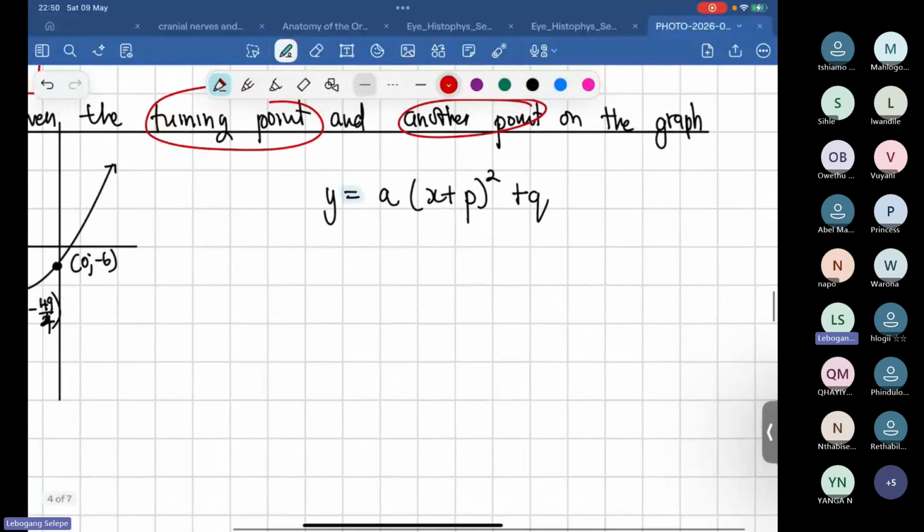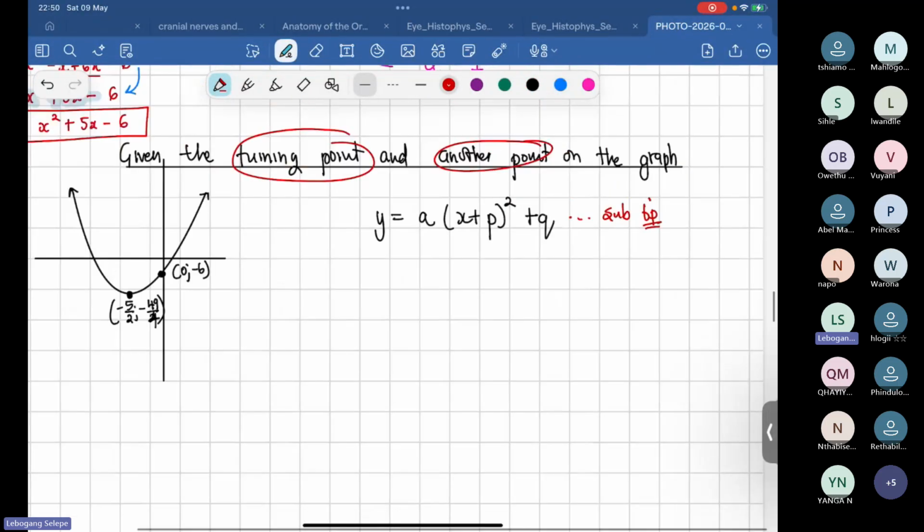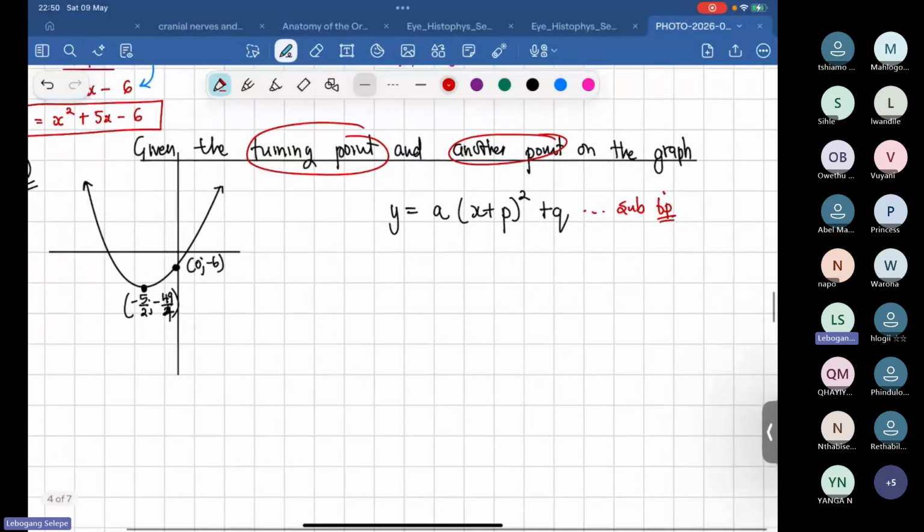So first things first, we substitute the coordinates of the turning point. Don't forget that our turning point here is (-5/2, -49/4). This is negative p and this is q, so when you substitute, you must do it as negative p and q.